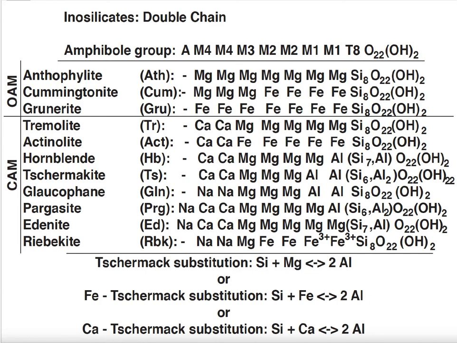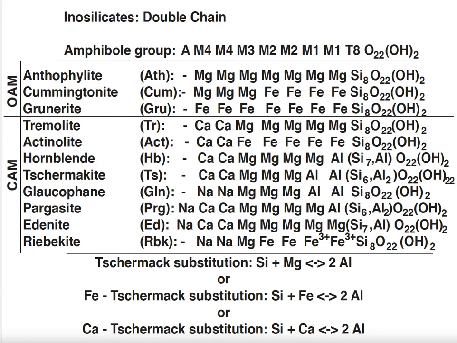Then we have 8 silica, and all this silica is sitting on the tetrahedral sites. 8 multiplied by 4, that is 32. 32 plus 14 is 46. So then we have 22 oxygen.